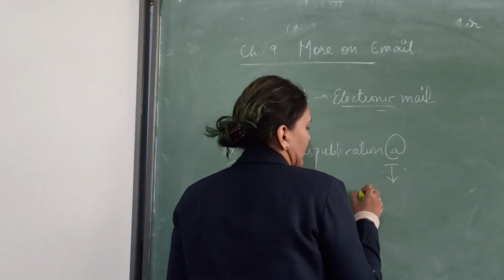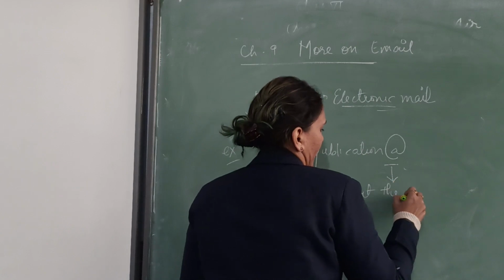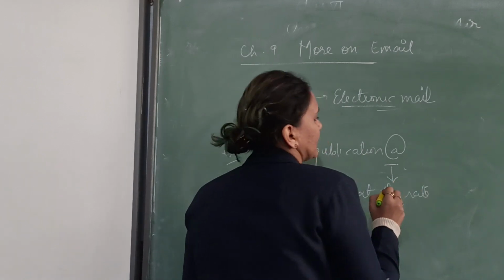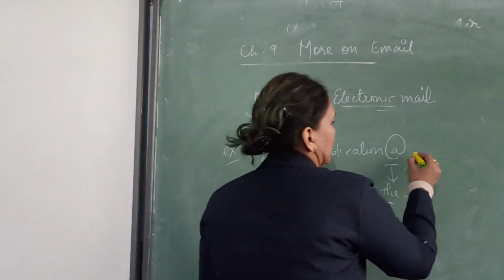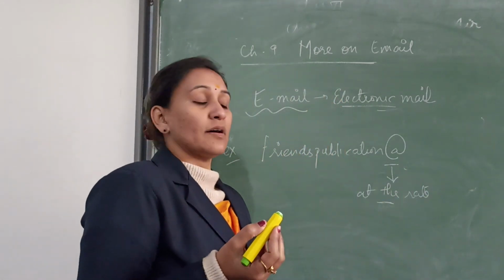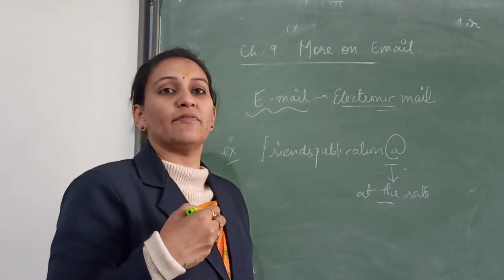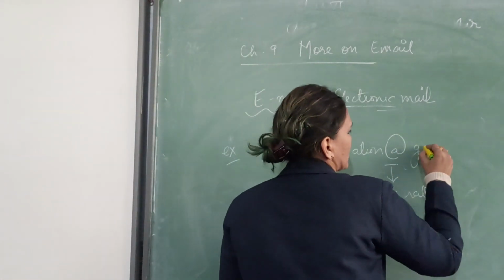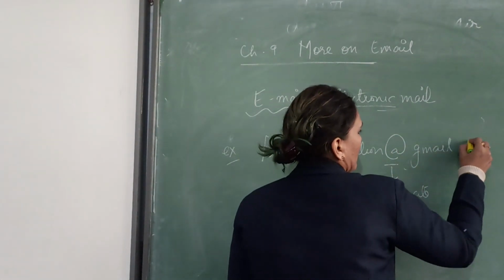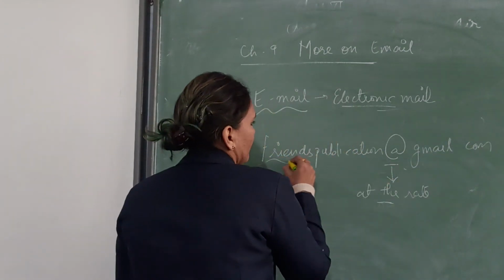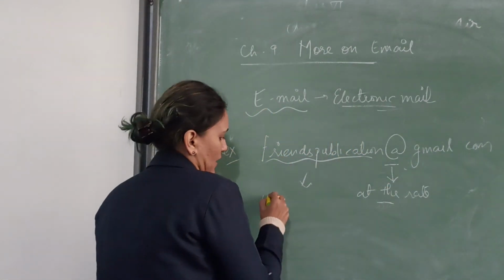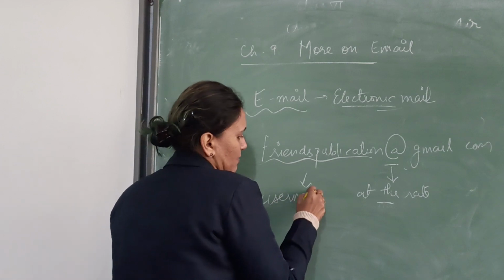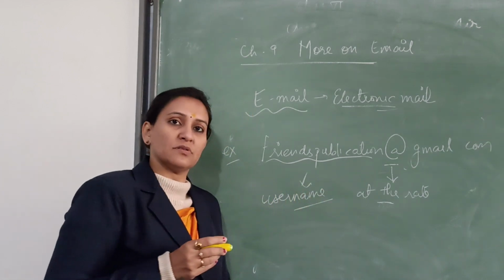The symbol is called at the rate. And then the domain name, right? Domain name means whose service we are using, whether Google or Yahoo. So if I am using Gmail, I write gmail.com. So this friends publication is the username, right? This username is different for different persons.